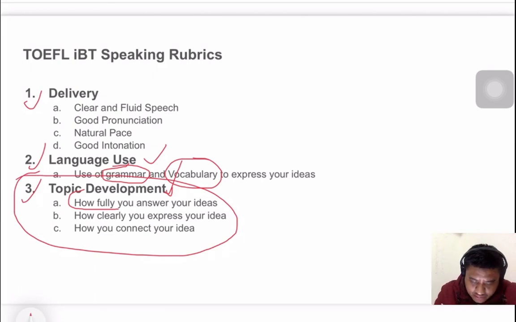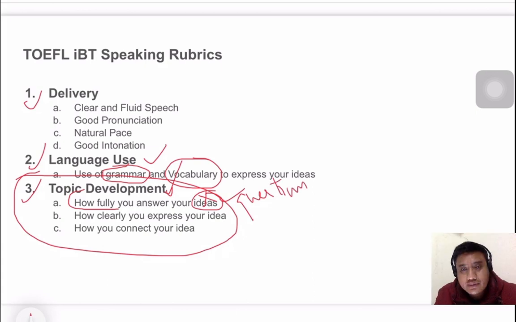So, topic development is all about how fully you answer the question given, right? If the question asks you to give your experience, then you have to give your experience. If it asks you to give examples, then you have to give examples.